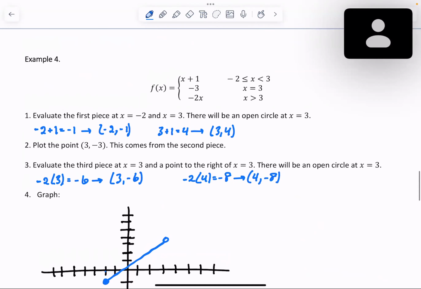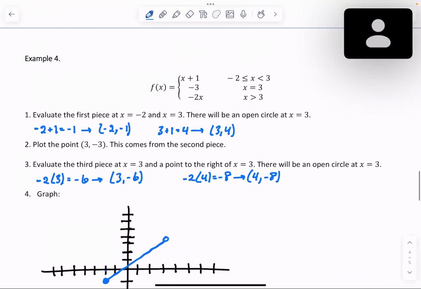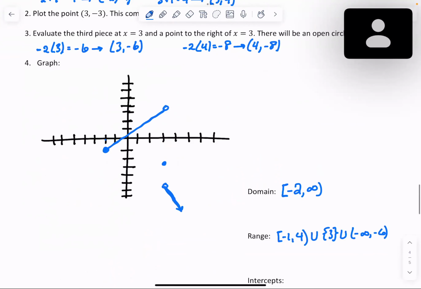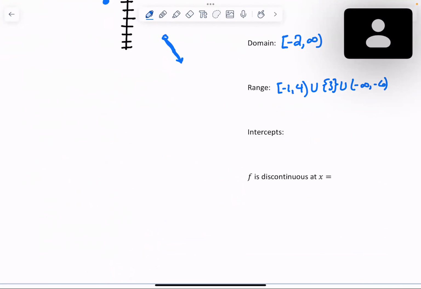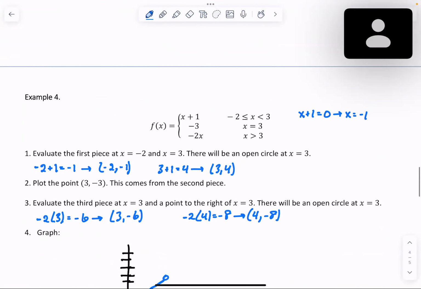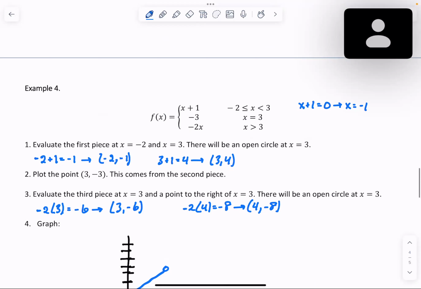If I want to know when y is 0, then x plus 1 would equal 0, so x is -1. So the first intercept is (-1, 0). That's the x-intercept. And the other intercept is what happens whenever I plug x equals 0 into this to get the y value.